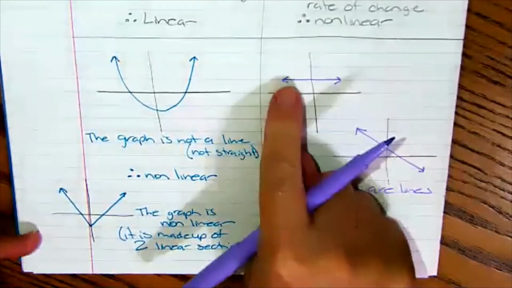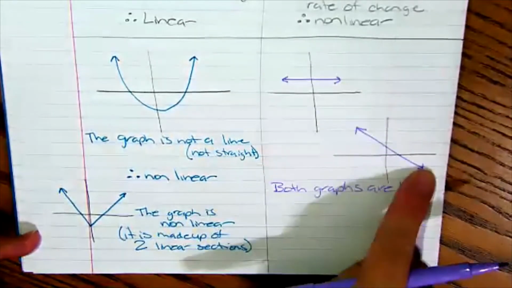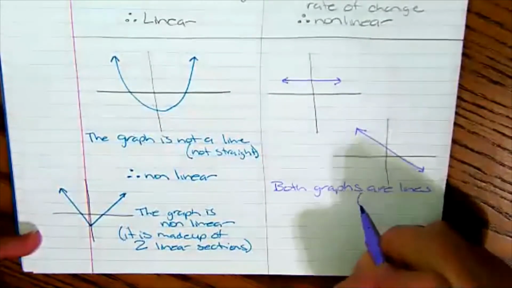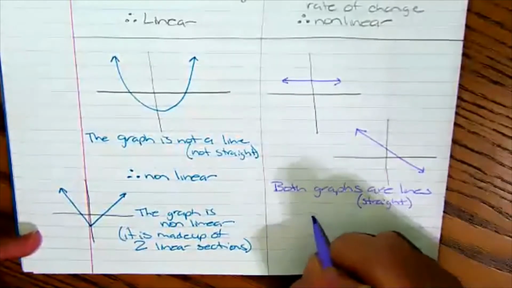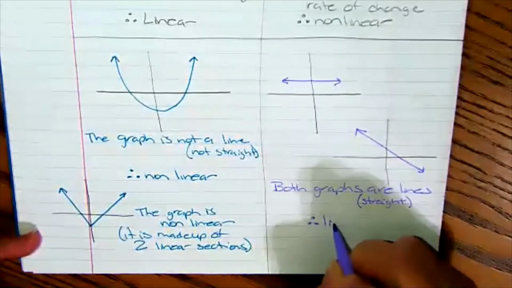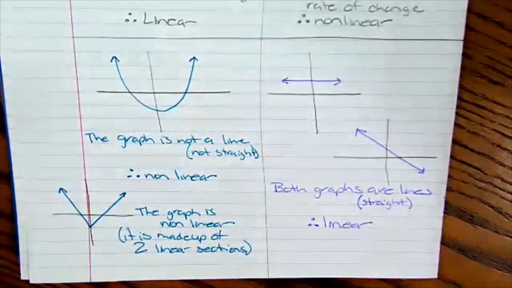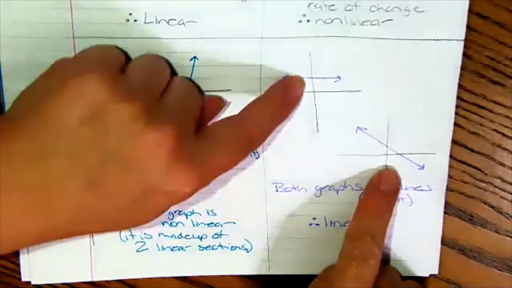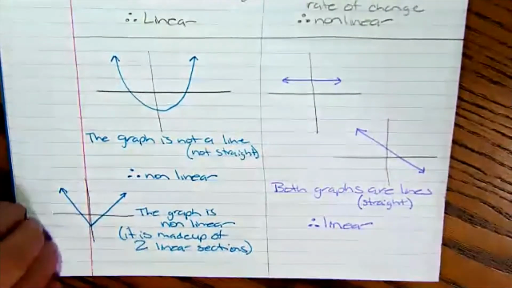The shortest distance between 2 points is a straight line. So both graphs are lines. They are both straight. Therefore, they both represent linear functions. So these are what linear graphs look like, and this is what non-linear graphs look like.